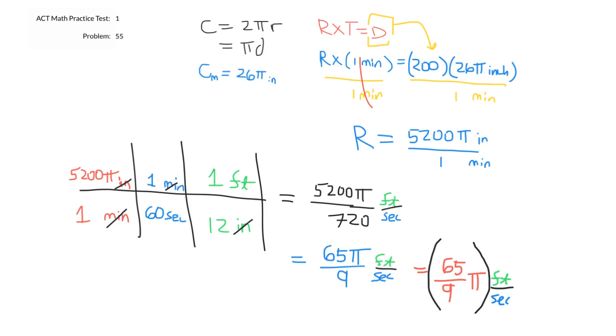Again, I want to make clear 65 pi feet per 9 seconds is the same thing as 65 over 9 pi feet per second. Just take a look at this, and realize that these are actually saying the same thing. And the final answer is 65 over 9 pi, which is answer choice A.